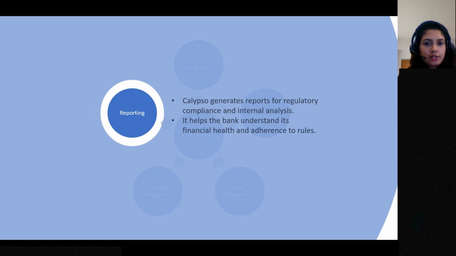We say that all the reports, all the trades that have been done are compliant, all the risk analysis has been done, and the entire trade has settled with good results. So this is how the entire module of Calypso works in simple stages. These are the 5 key simple stages which any application will use. Currently, we are focusing on Calypso.